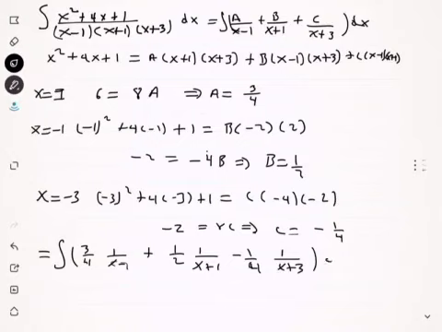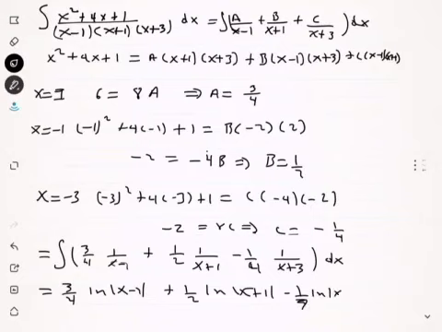And then we just integrate. So 3/4 times the natural log of x minus 1 in absolute value plus 1/2 times the natural log of x plus 1 in absolute value minus 1/4 times the natural log of x plus 3 in absolute value plus c.